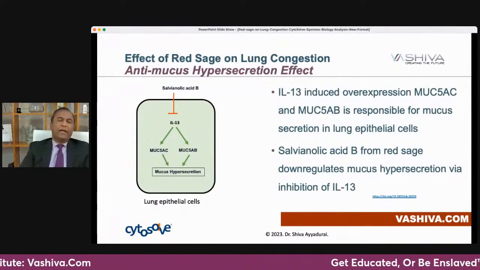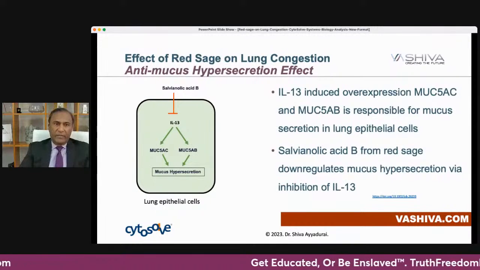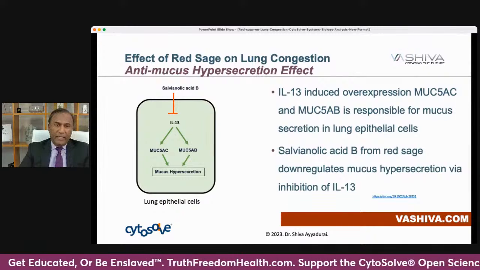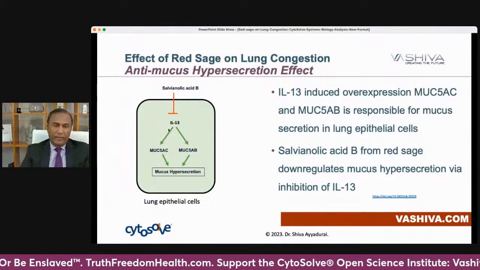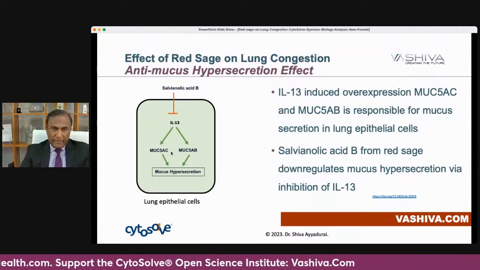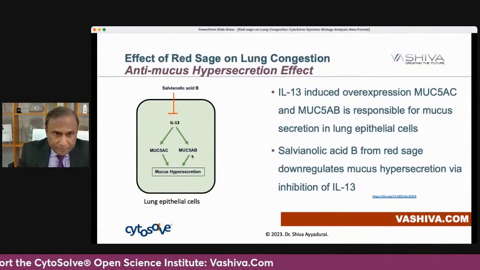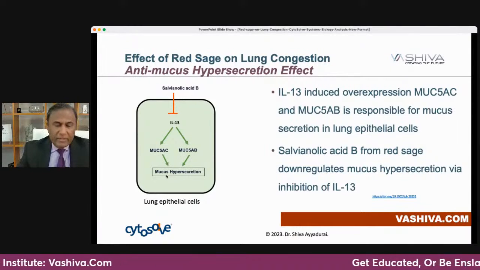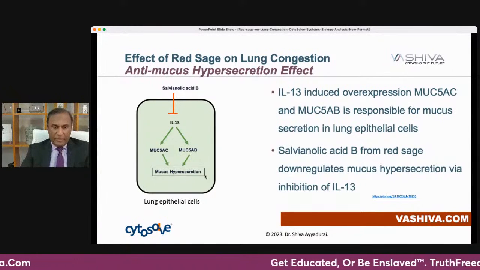Now, the second mechanism of action that sage affects is the anti-mucus hypersecretion effect. Again, the salvianolic acid B blocks IL-13. Now, IL-13 leads to MUC5AC and MUC5B, and these are the things that lead to mucus production, mucus hypersecretion in the lung epithelial cells.